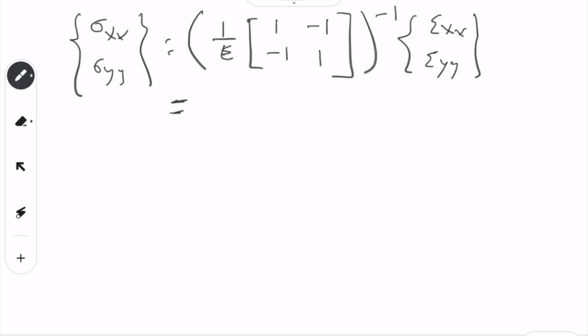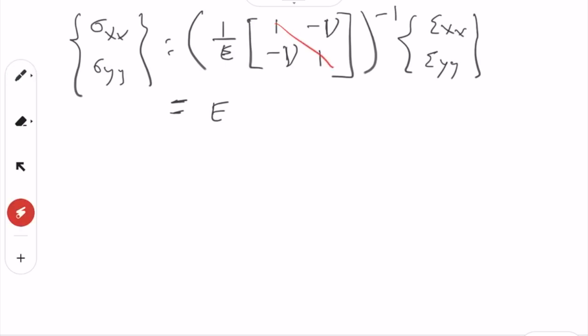we have E value, and then we will have divided by 1... wrong here. So there will be nu, 1 minus nu here, and then minus nu and this, yeah, now it's correct.